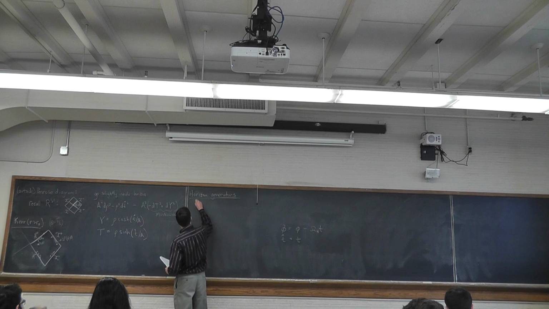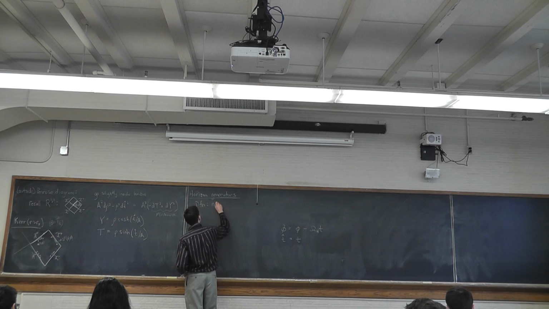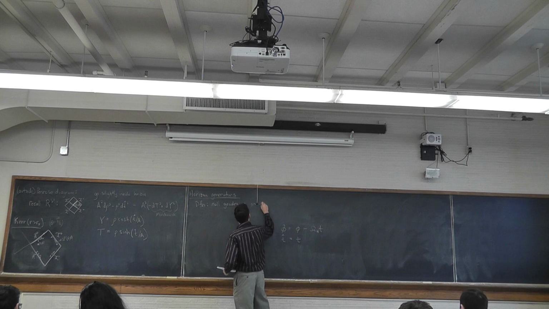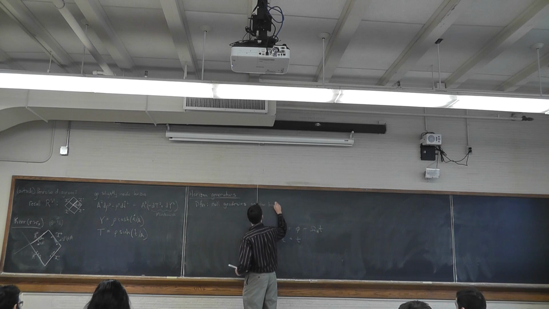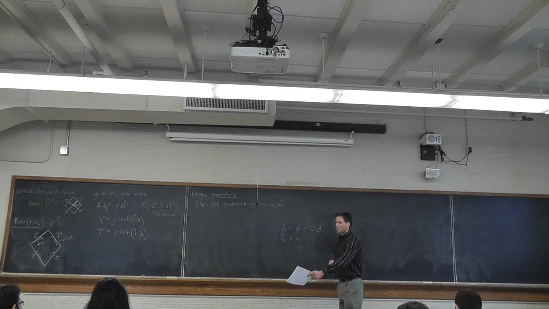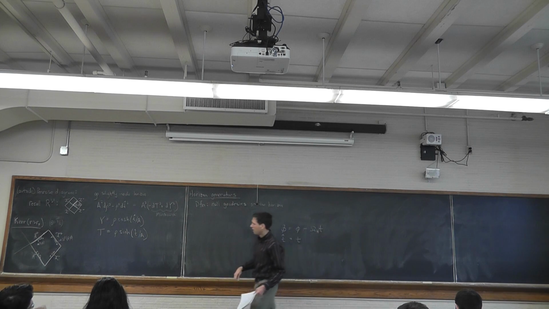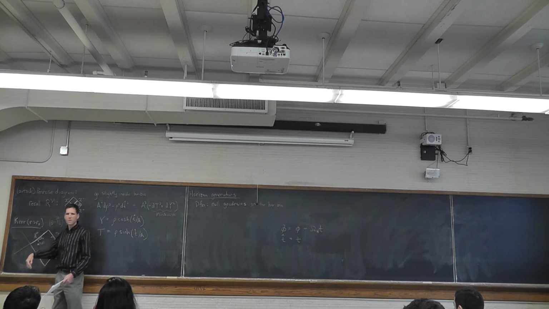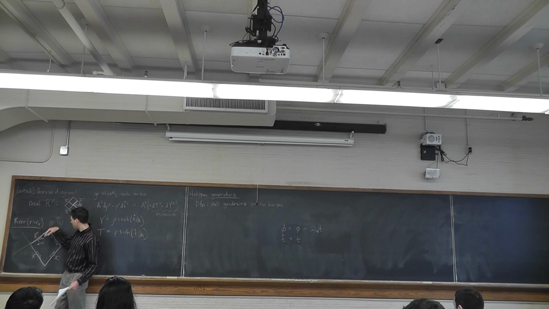Okay, so the definition of the horizon generators is that these are null geodesics on the horizon. What does that mean? Well, we have to think of the event horizon as this whole line here.